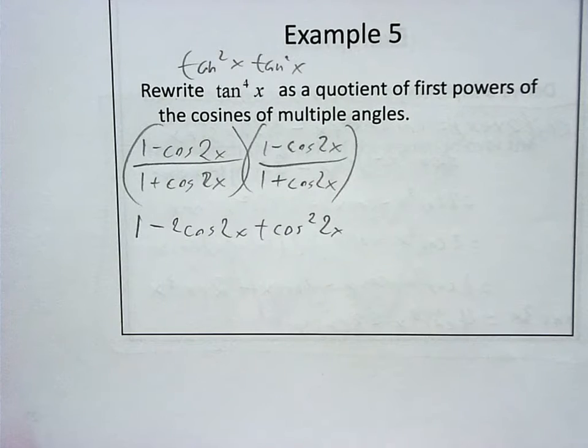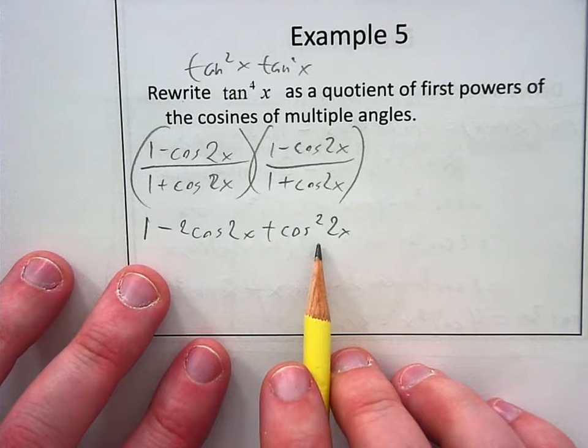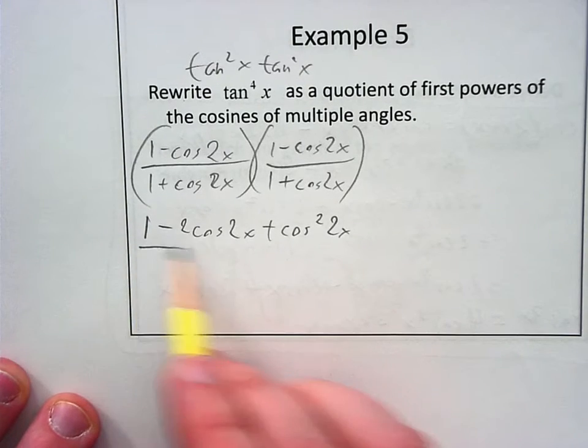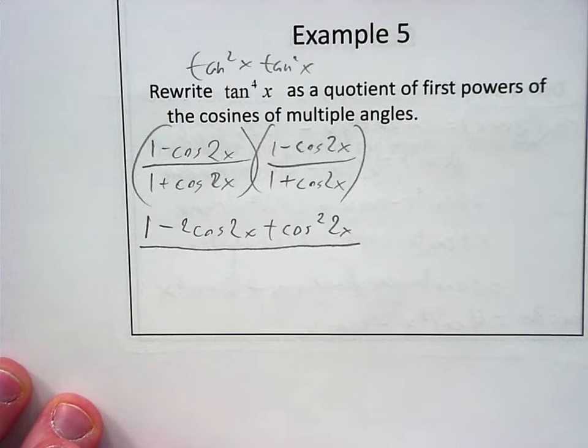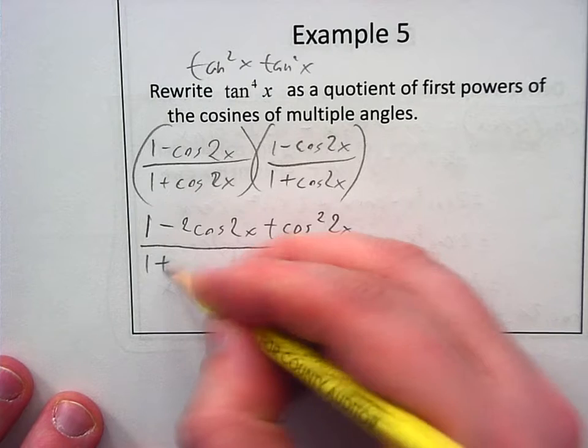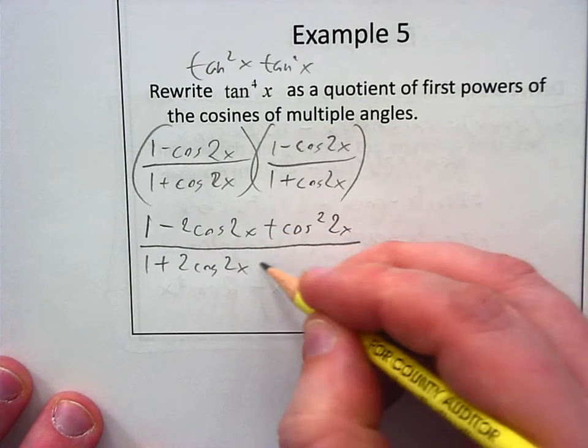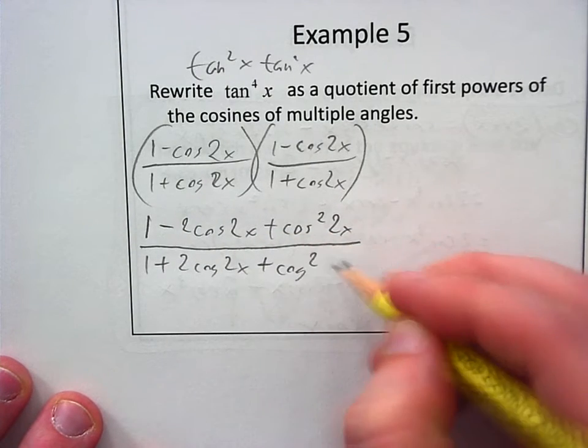You don't multiply together what's inside the cosine, you're just squaring the operation. Everybody see that? If we FOIL out the numerators, we get that. The bottom's going to look very similar. What's the only difference going to be? Yeah, all your signs are plus. So 1 plus 2 cosine 2x plus cosine squared 2x.